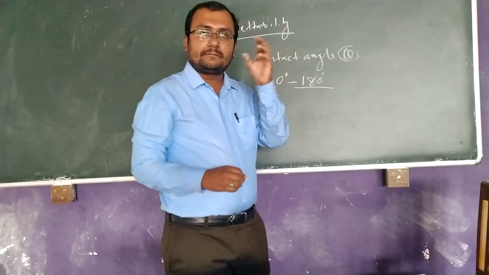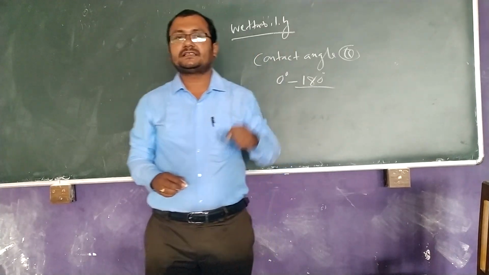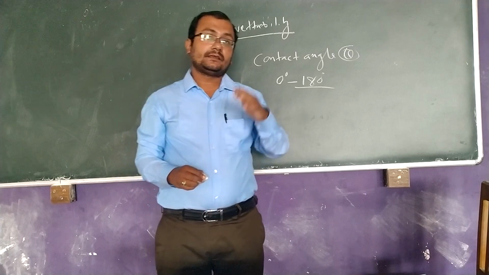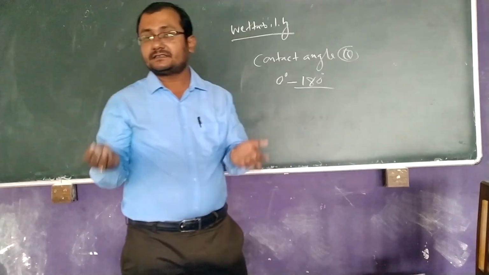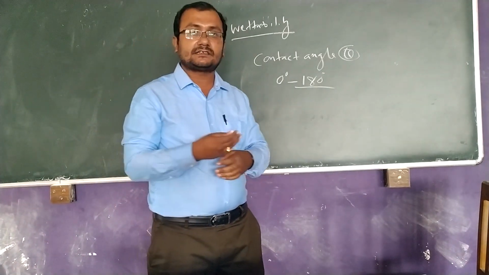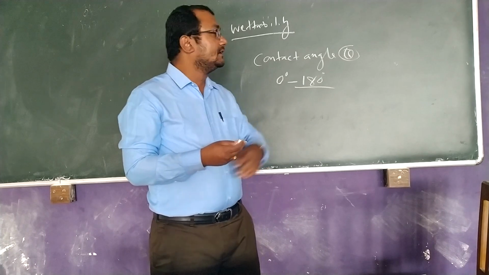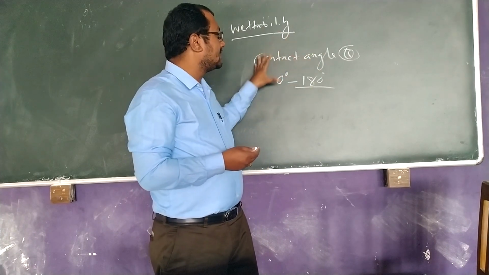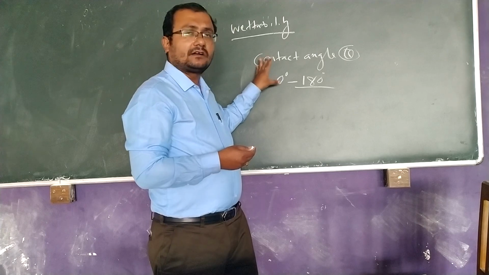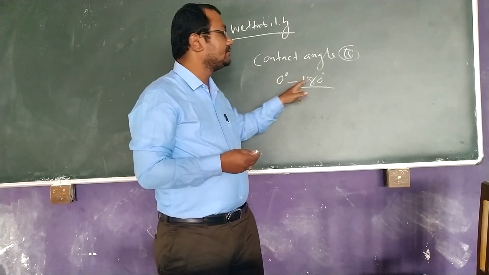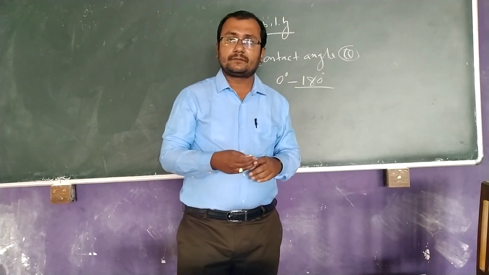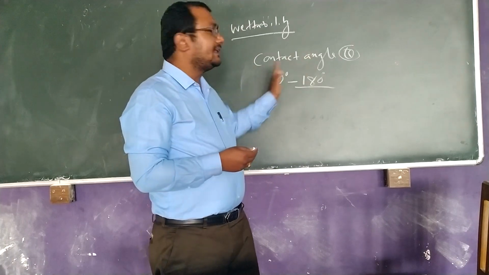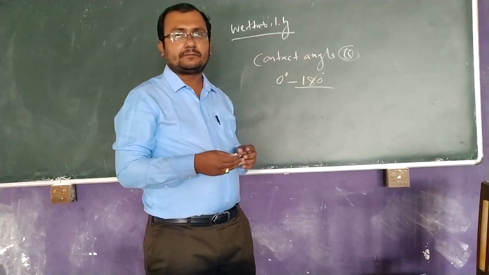We cannot immediately disperse the solid particles due to the problem with wettability. If the wettability is good, then we can easily disperse the solid particles. So this depends upon the contact angle, which ranges from 0 to 180 degrees, and from that we decide the wettability.